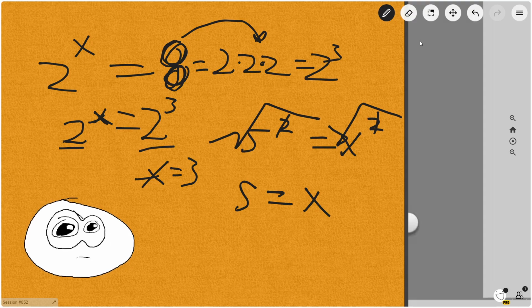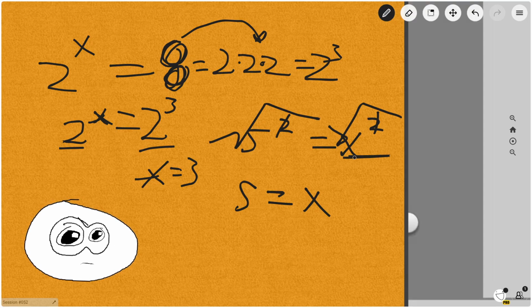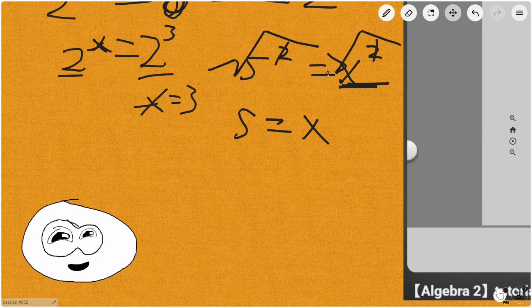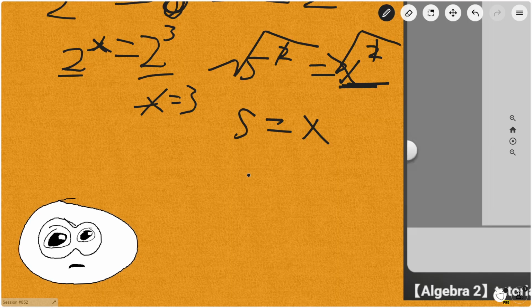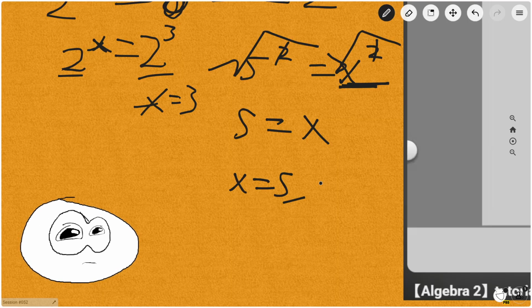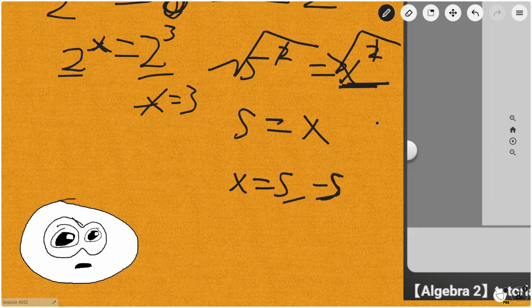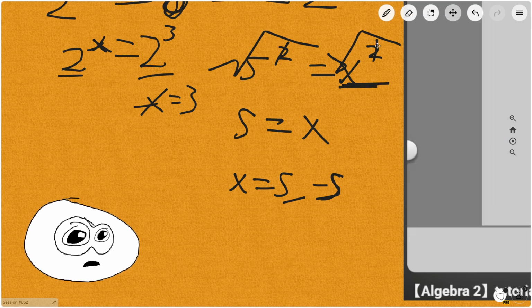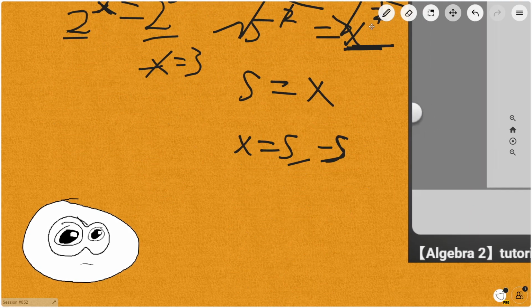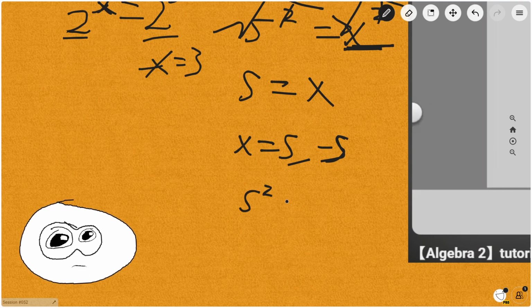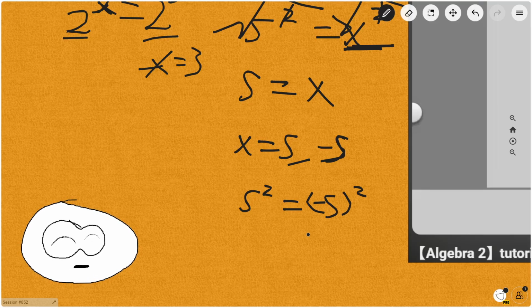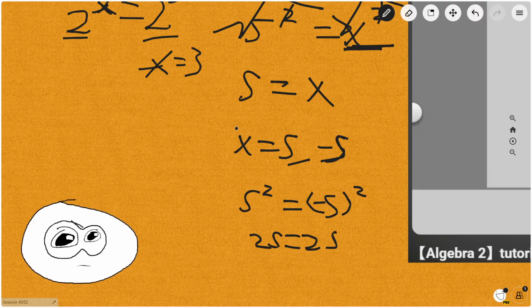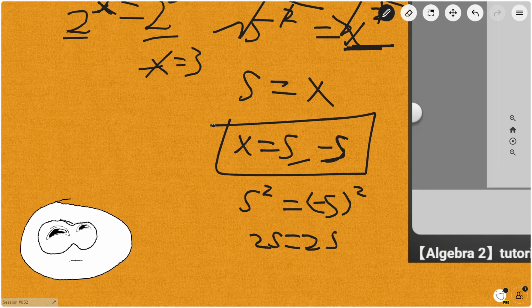Yes and no, because you have a squared number, so actually x could equal 5 or it could equal -5. And if this was a more complex problem, then of course you'd plug it in and see what works. But even with the simple problem of 5 squared equals what, -5 squared, you'd still say that they both equal 25, and they would both work, so then your answer would be both. So that's a little bit of funkiness there.